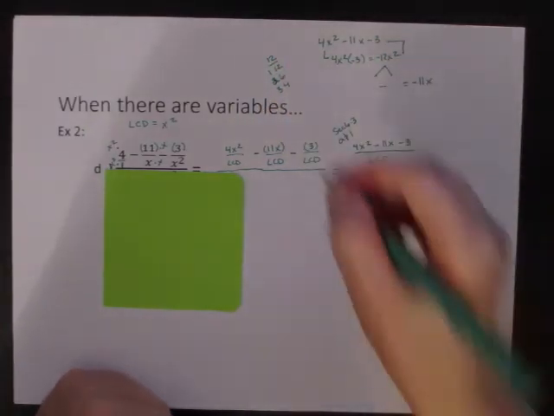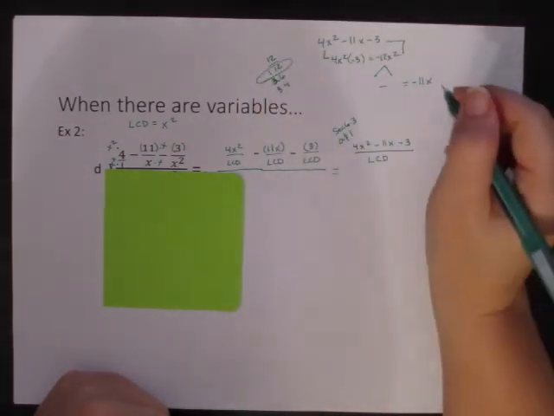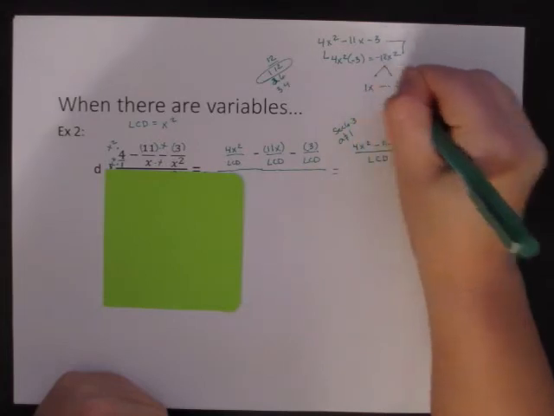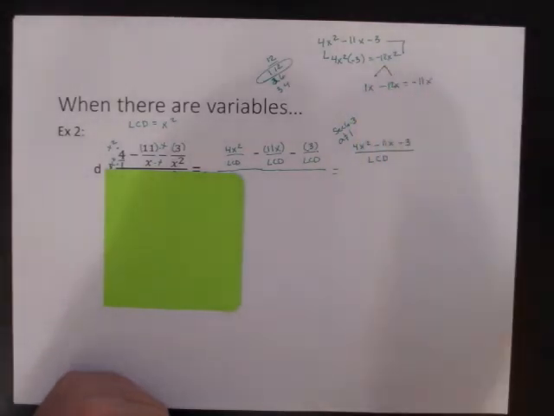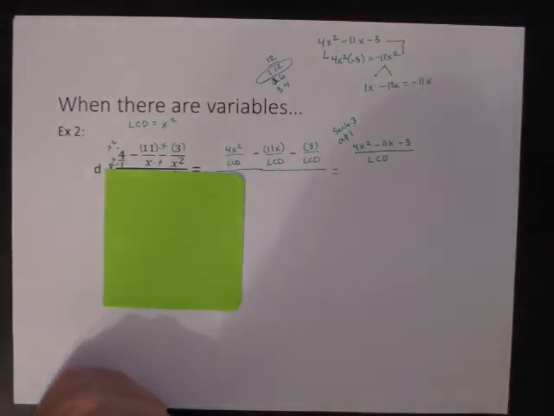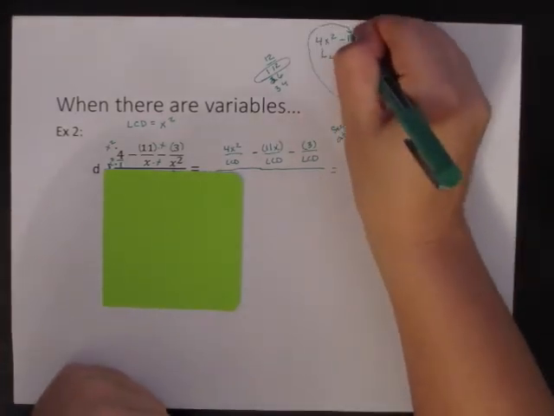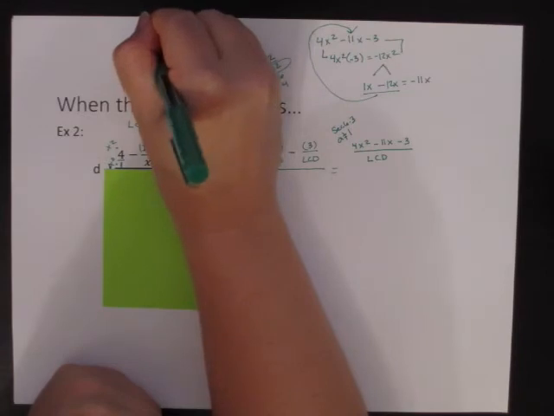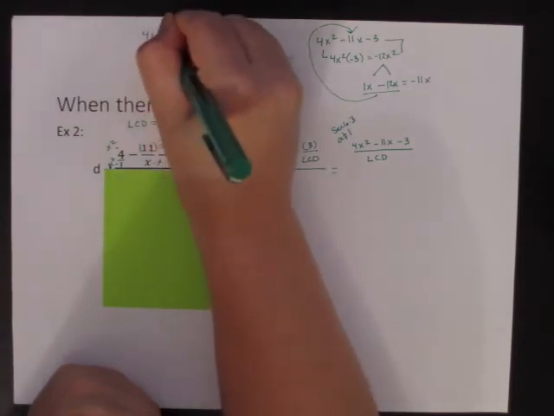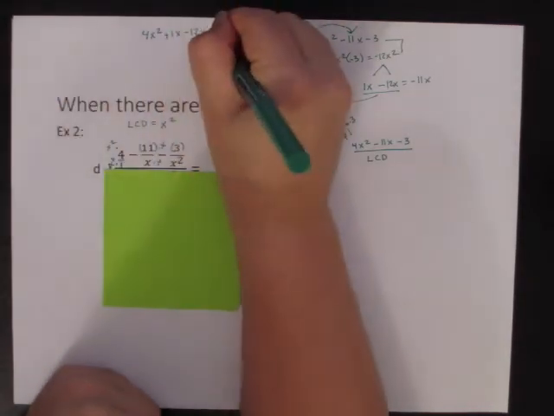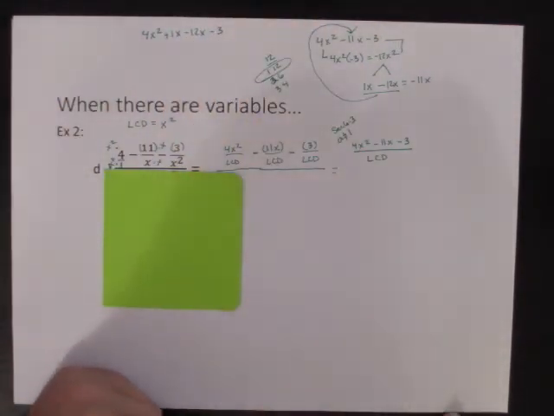I have to use subtraction, so I'm going to use the 1 and 12, and it has to get me to a negative 11. So I've got 1x minus 12x will get me to a negative 11x. So now what I do is I write this in place of what my b is as 4 terms. So I go 4x squared plus 1x minus 12x minus 3.